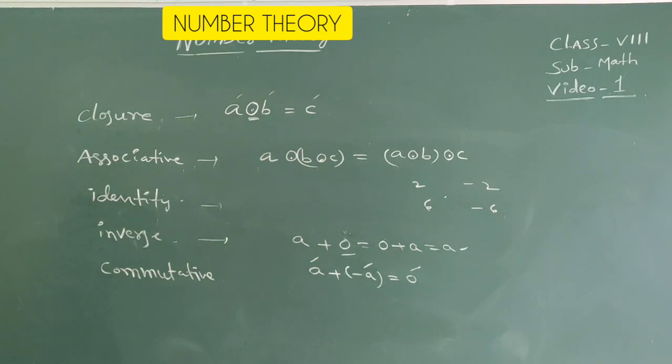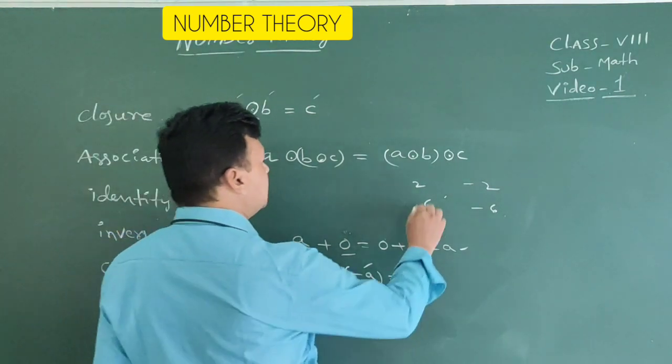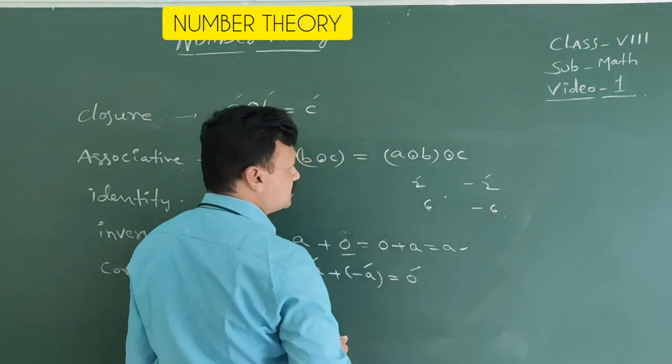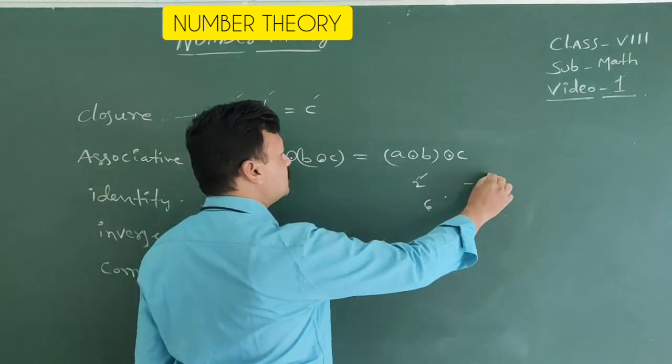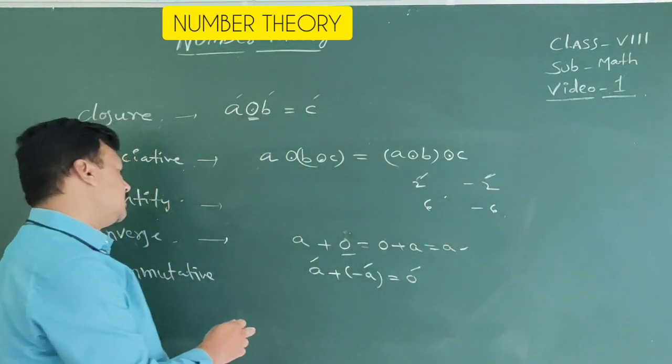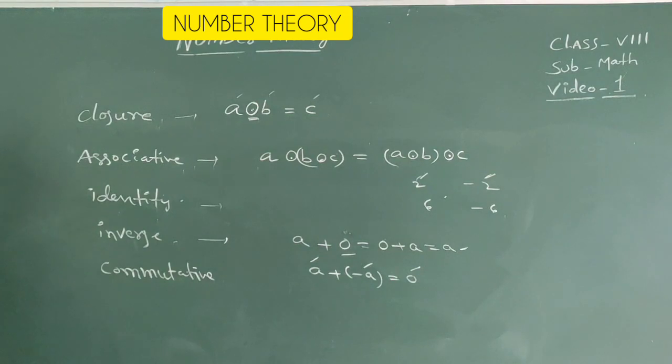That's why there is an existence of the additive identity. Inverse: here also we check existence. 2 is a natural number, but minus 2 is not natural. 2 is a whole number, but minus 2 is not a whole number. That's why there is no existence of an inverse element with respect to addition.